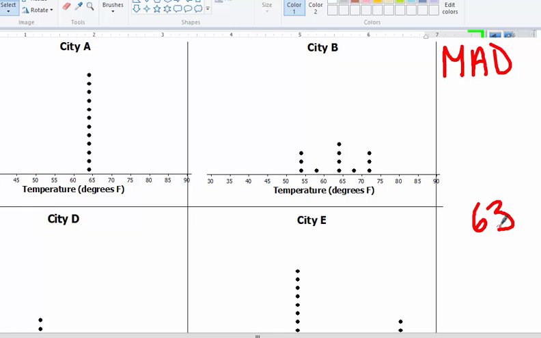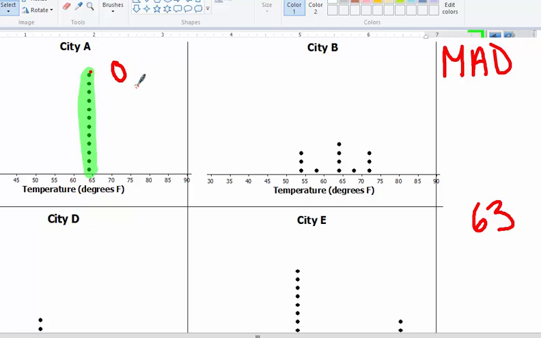And so now what I need to do is add them all up and divide. So what are my deviations for each of these? Well, for A, since there's no variability, that means all those deviations are 0. They're all right on 63, so there's no deviations at all.